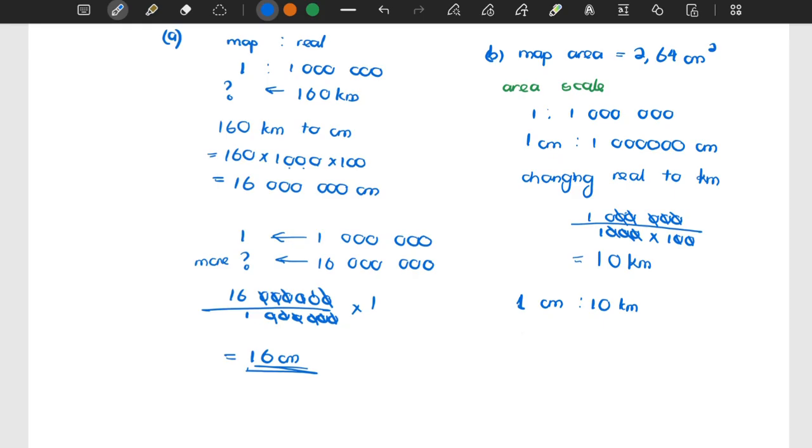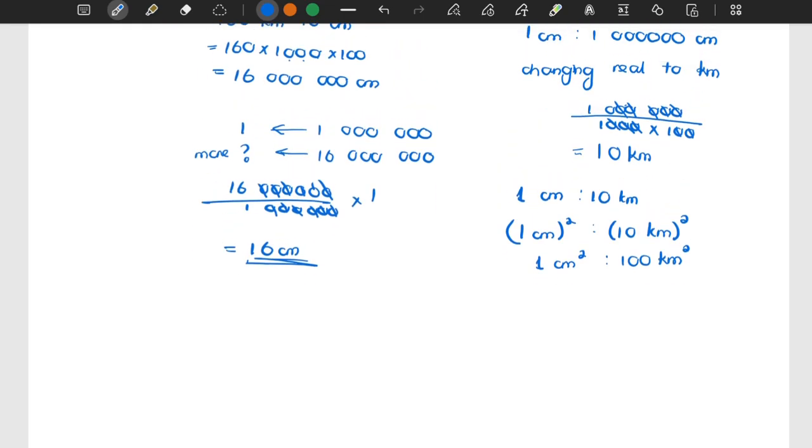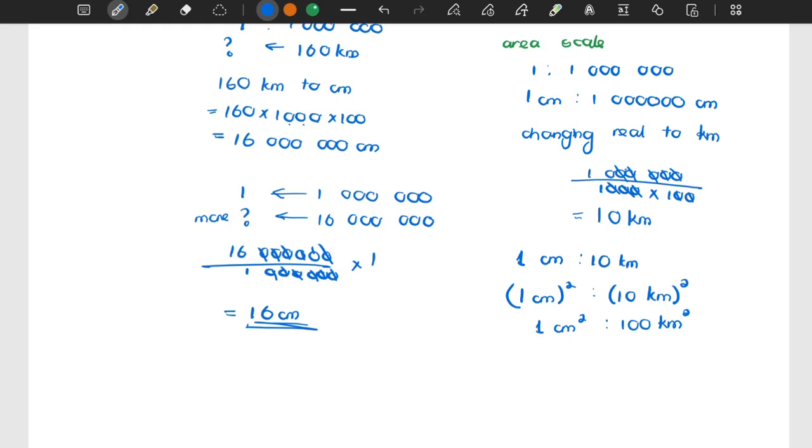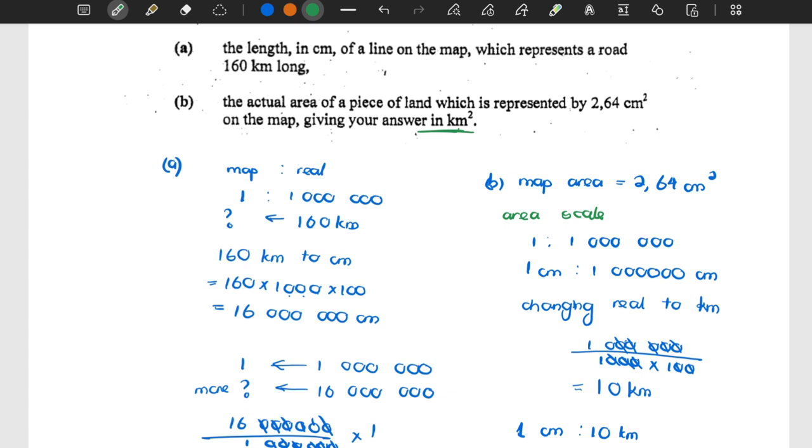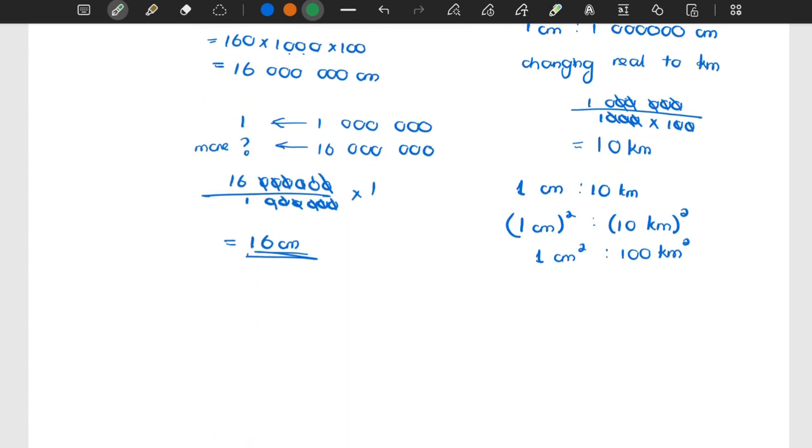When it's now area scale, we square both sides. Then that would mean that 1 centimeter squared represents 100 kilometers squared area wise, right? So now we need to do the calculation, which is actual area.